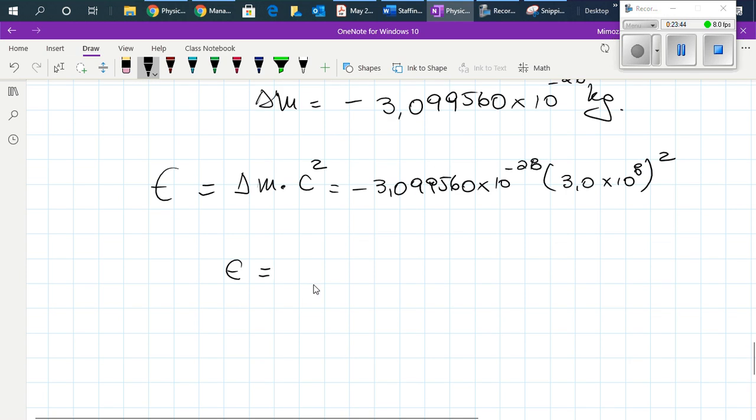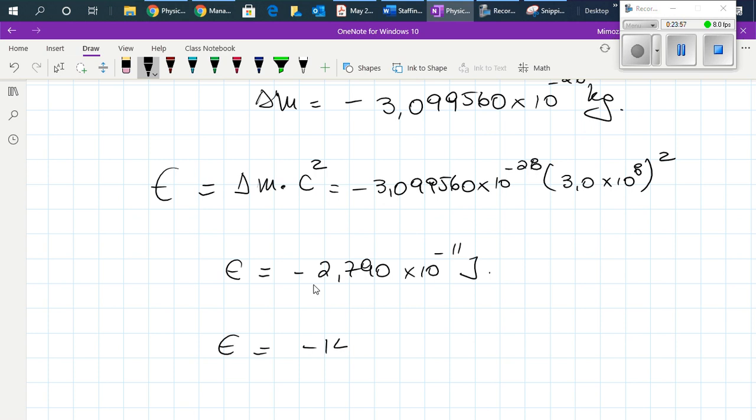And the energy in joules will be negative 2790 times 10 to the power of negative joules, or in mega electron volts, 174.4 mega electron volts.